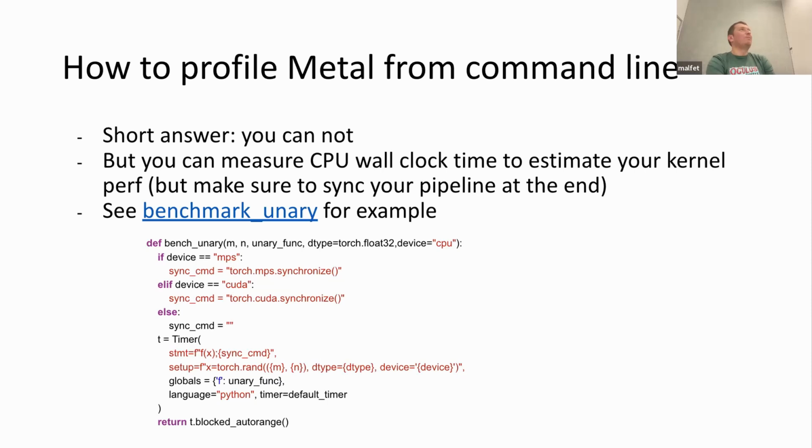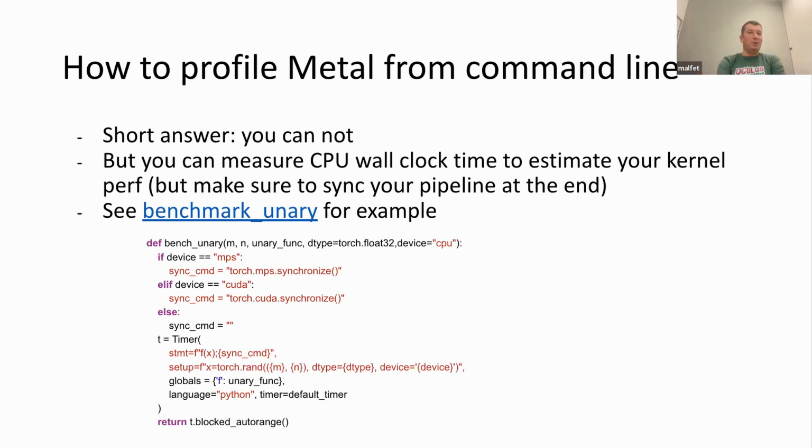You better do it while running a large kernel, because some of the time you will be collecting is the time it takes to dispatch the workflow to the GPU and wait for the GPU to finish. And make sure to sync your pipeline at the end. Otherwise, you'll just be measuring the time it takes to dispatch something to the GPU.